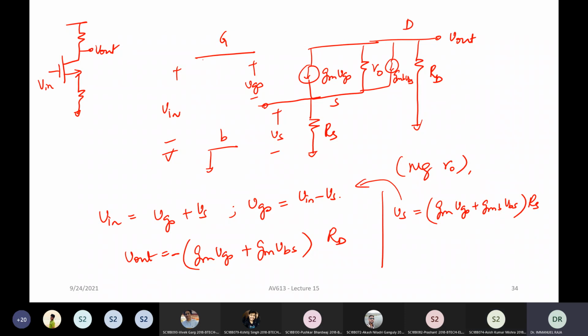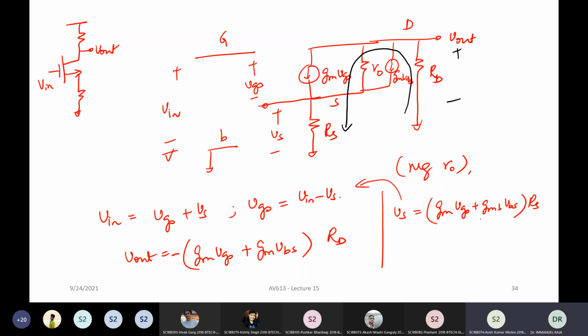Sir, in the Vout, won't there be RD plus RS? No, it will not be RD plus RS, because see the current direction is like this. RS is in series with RD if we connect the ground of RD and RS. Correct.